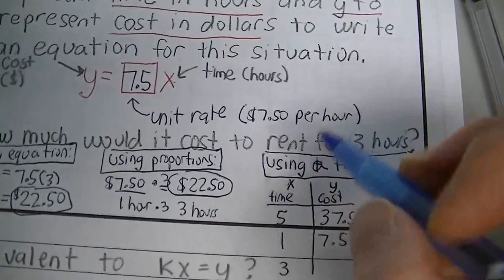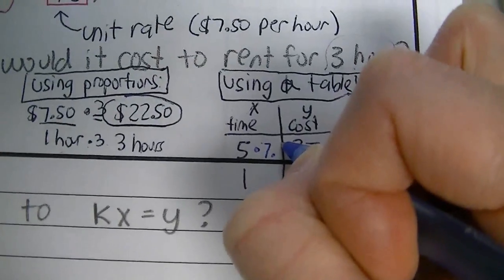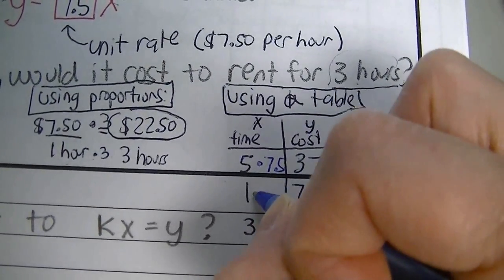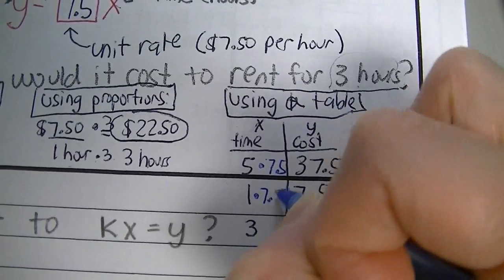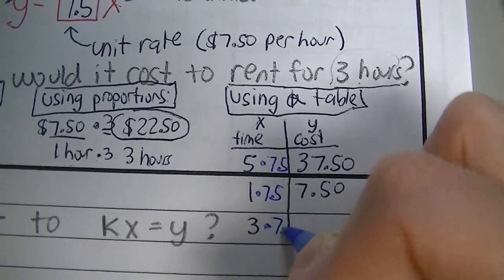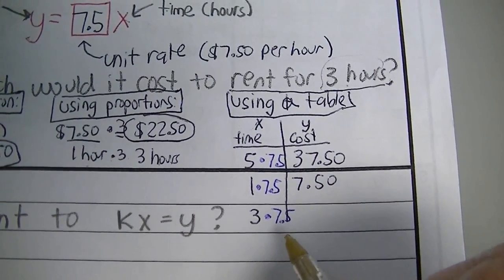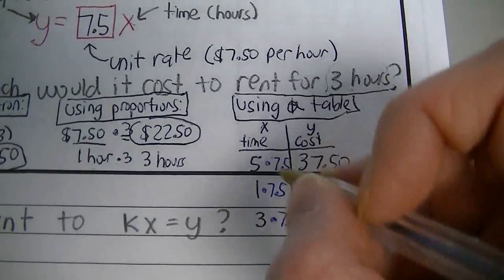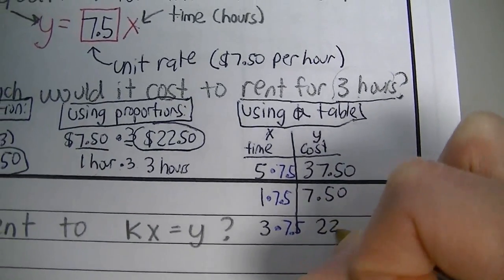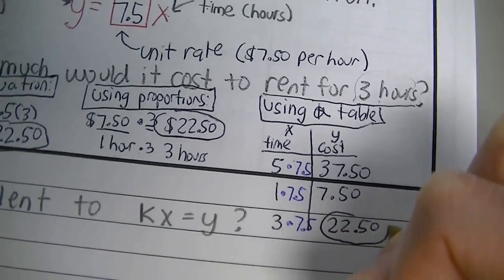So you'll notice within this table, we're just multiplying by the unit rate every time. 5 times 7.5 equals $37.50. 1 times 7.5 is $7.50. So I have to go 3 times 7.5. And when you go 3 times 7.5, which is the same as 3 times 7 and 5/10, you will get $22.50. Look, there's your answer again.